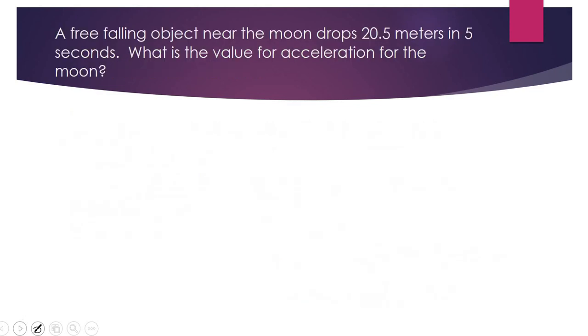All right, let's look at this a little further. A free-falling object near the moon drops 20.5 meters. So they've given me the distance. Distance equals 20.5 meters in 5 seconds. So they've given me the time. T equals 5 seconds. What is the value for acceleration?